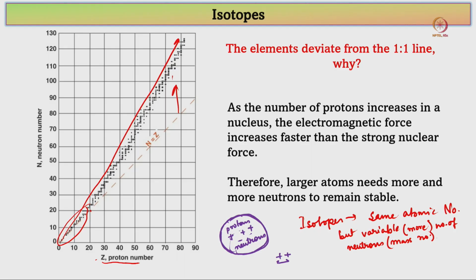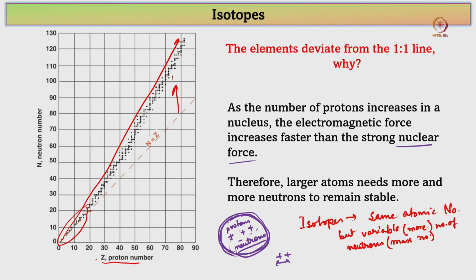So, as we go higher on the proton number, to maintain the stability of the nucleus, the neutrons have to increase, because this is a kind of electromagnetic force. But between neutrons and protons, the force is called the nuclear force. It is because of this strong nuclear force that the nucleus is stable.